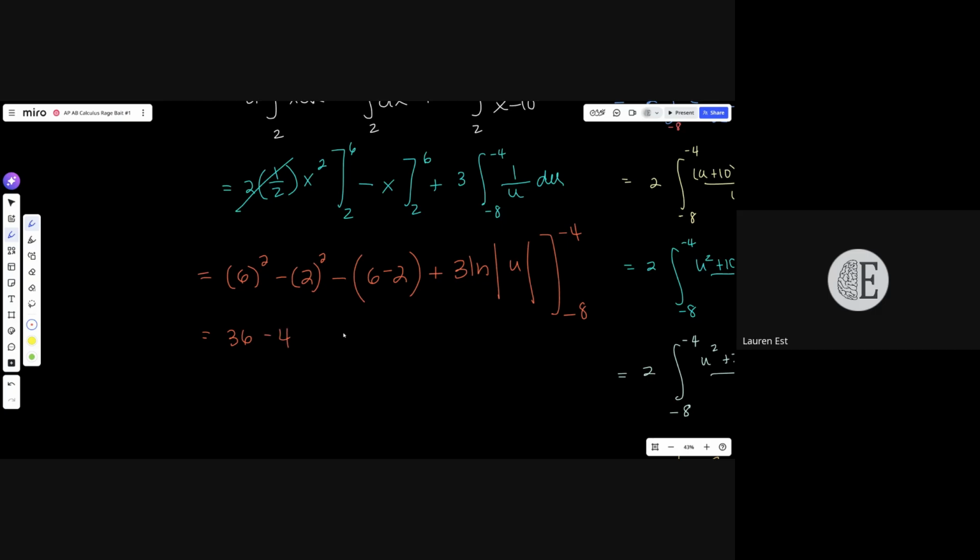36 minus 4 minus 4 plus 3 ln, like this actually, 3 ln of 4 minus ln of 8. Bad about changing this. 36 minus 8 plus 3 ln 4 over 8.